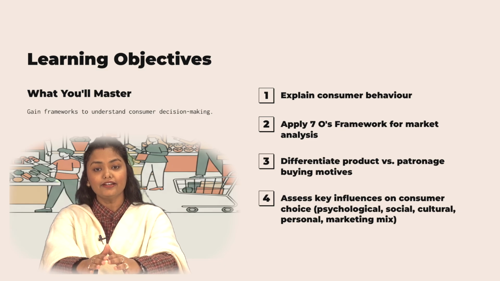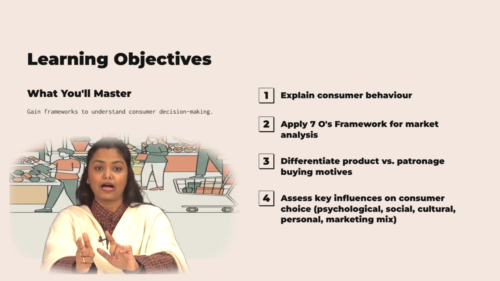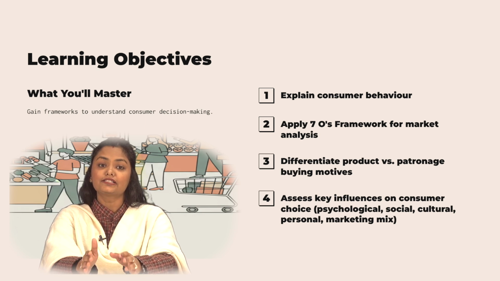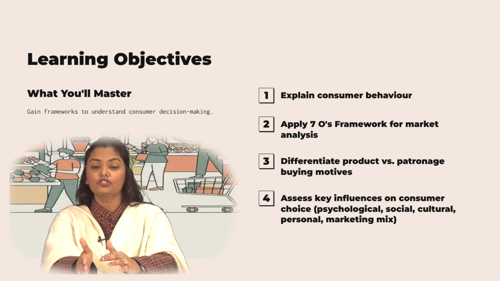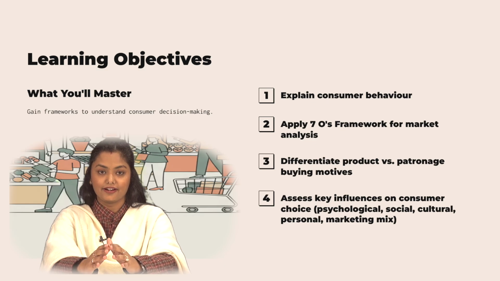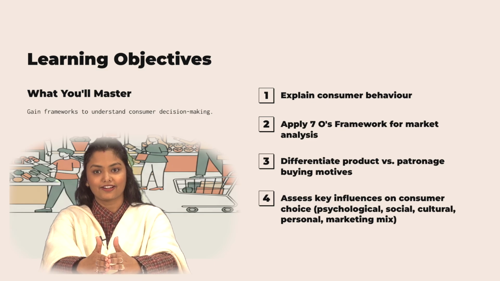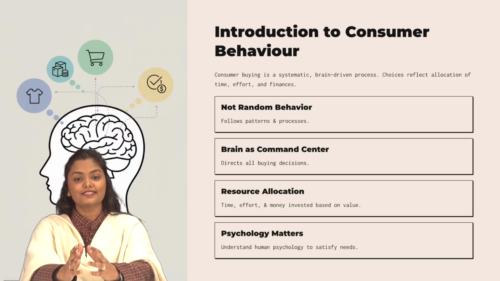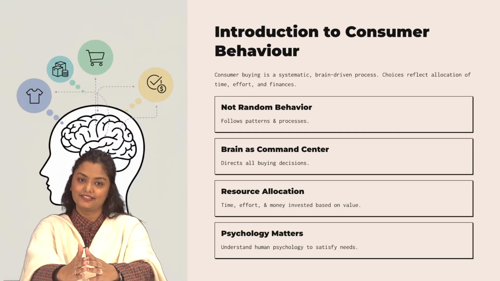Third, critically differentiate between product buying motives and patronage buying motives by understanding the distinction between emotional and rational drivers. And finally, evaluate the various psychological, cultural, and social factors that exert influence over consumer choice. Let's begin with an introduction to the discipline.